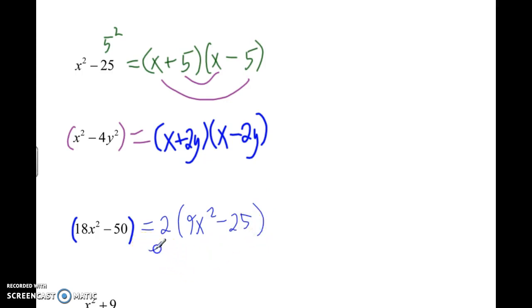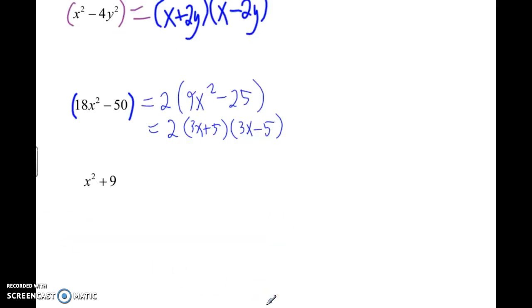Now see if you can factor that any further. Does that factor at all right there? And hopefully you recognize it. 9 is a perfect square, 3 squared. x squared is a perfect square, and 5 squared is 25. So this would be 3x plus 5 and 3x minus 5. That will become an easier problem the more of those that we do.